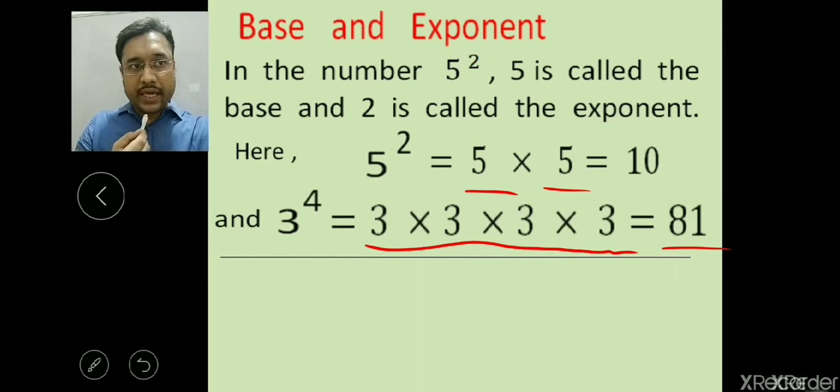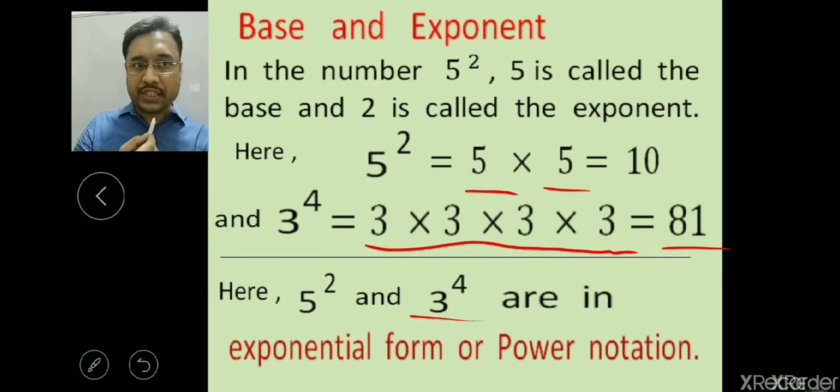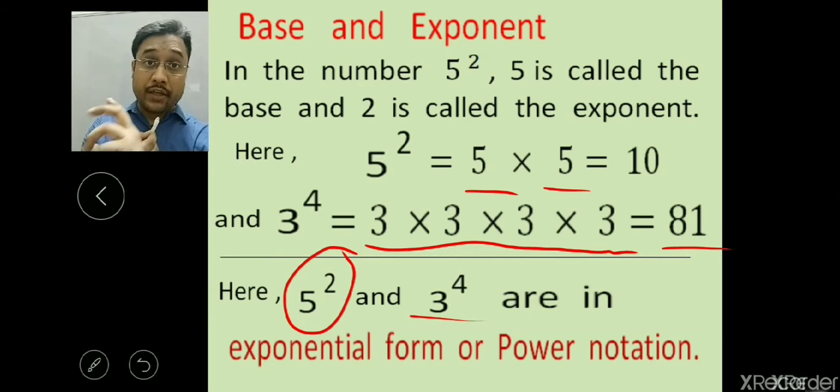In these two examples, 5 squared or 5 to the power 2, and the second number 3 to the power 4, are in exponential form or power notation. So we can understand the way of representing a number with an exponent or power.